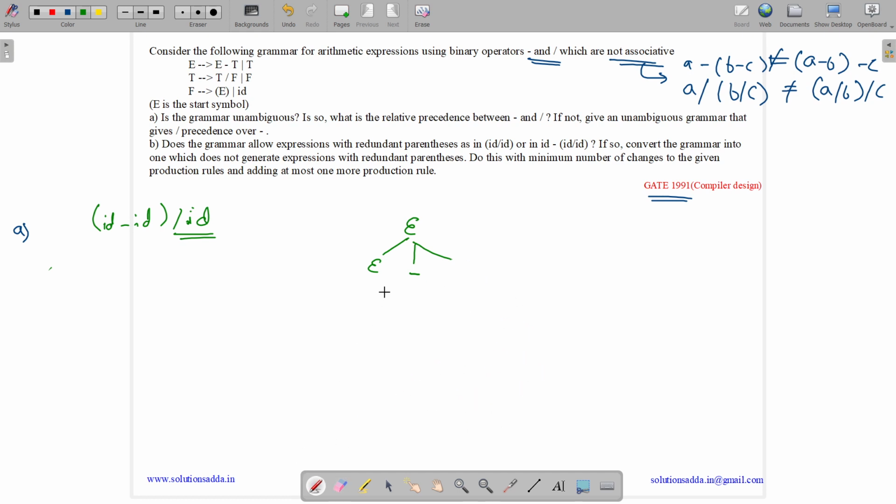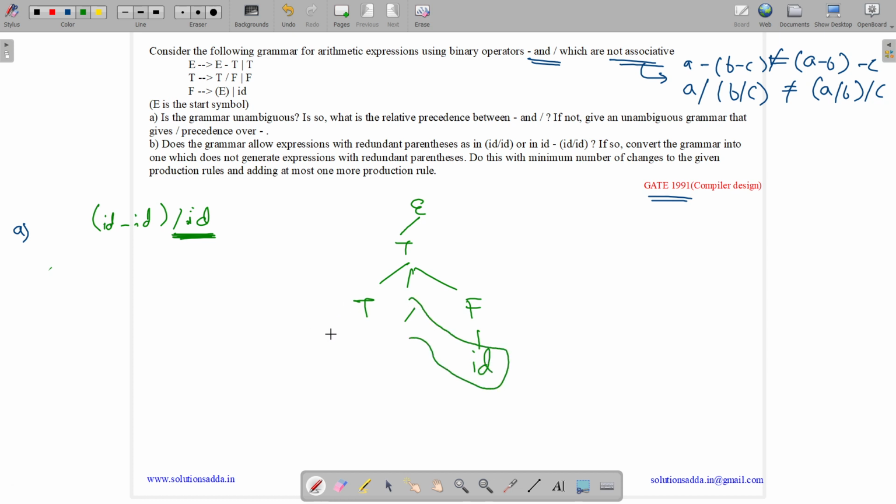Sorry. So here what we will do, first we will try to bring this divide symbol. So we will start with E implies T, T implies T divides F. So here we have brought this divide symbol. Now we will do F implies id. So this part is done.